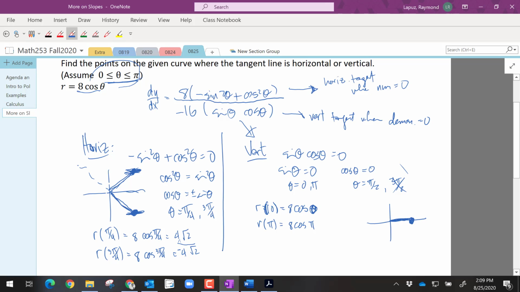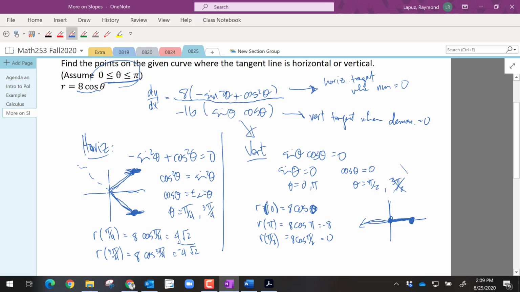Cosine of pi is negative 1, so this is negative 8. So if you're pointing this way, it looks like you're at the same point. So it looks like 0 and pi give us the same r value. Now let's put in pi over 2, r of pi over 2, and we know that cosine pi over 2 is 0. That's how we got this in the first place, so by the time we get to pi over 2, you're going to be at 0.